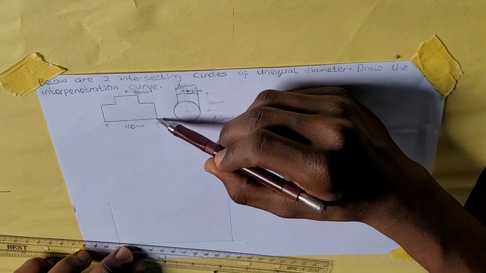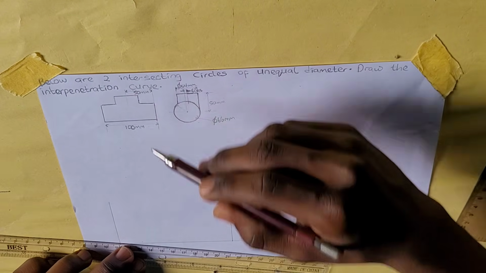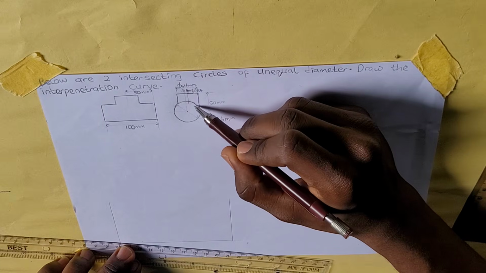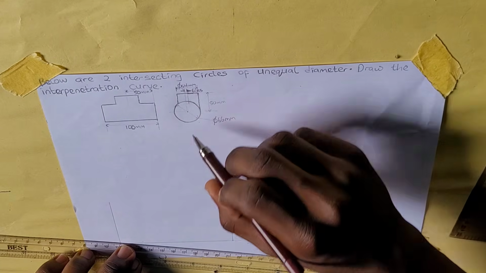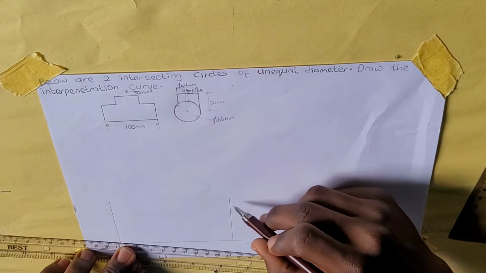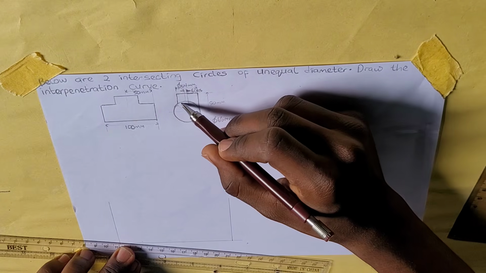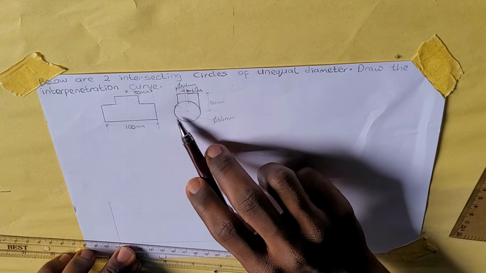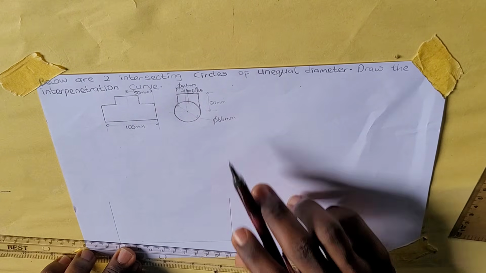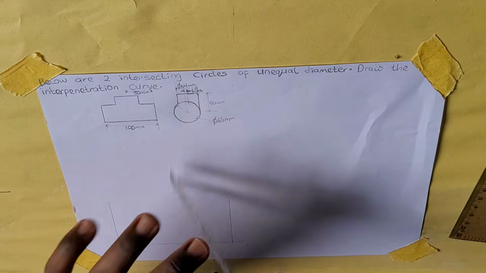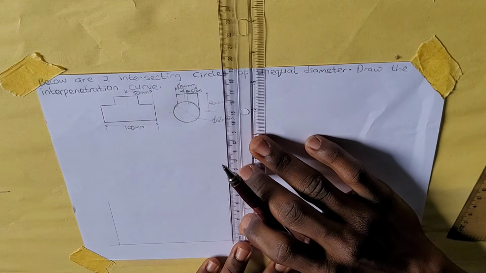The length from here to here is the same as the diameter of this circle, which from this diagram we can see is 66 millimeters. So I'm going to measure 66 millimeters.